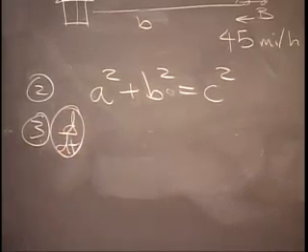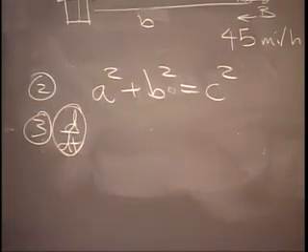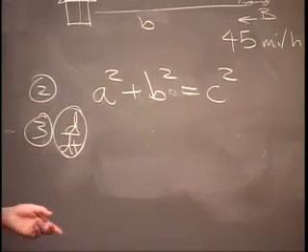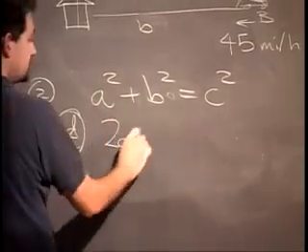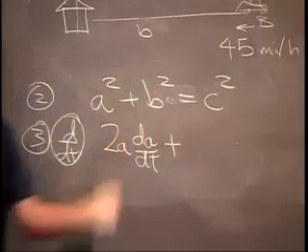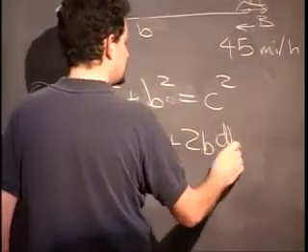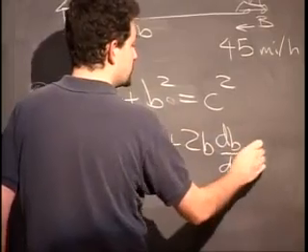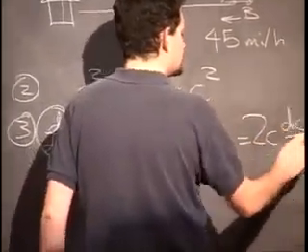Well, if you differentiate A squared implicitly, by now we know the derivative of A squared is 2A times the derivative of A. So this is 2A dA/dt. Derivative of B squared is 2B times dB/dt. And wouldn't you know, the derivative of C squared is 2C times dC/dt.